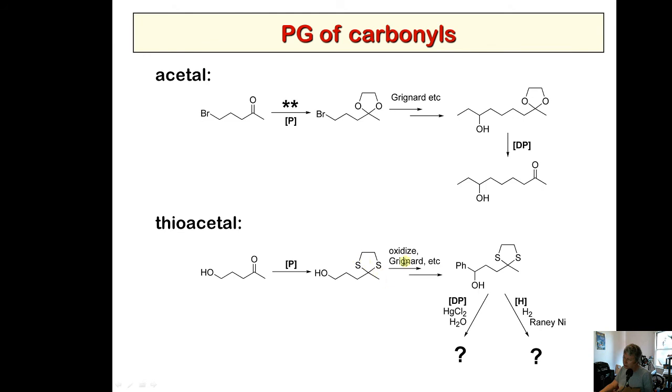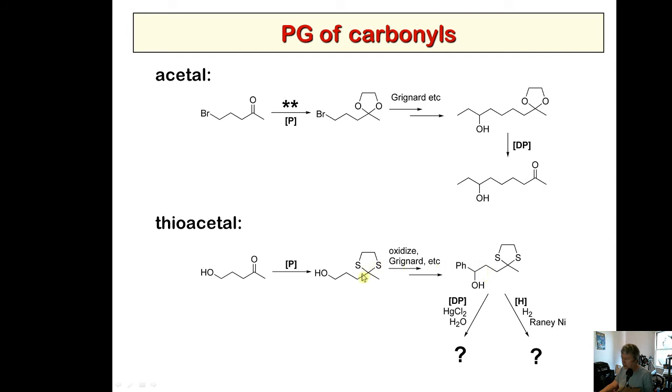And then you can oxidize, do your Grignard, and then once you're done with that, you can deprotect. What do I mean by oxidize here? Oh, in this case, yes, it is an oxidation.